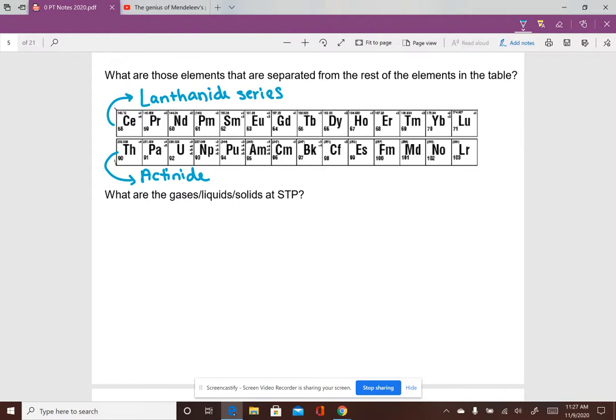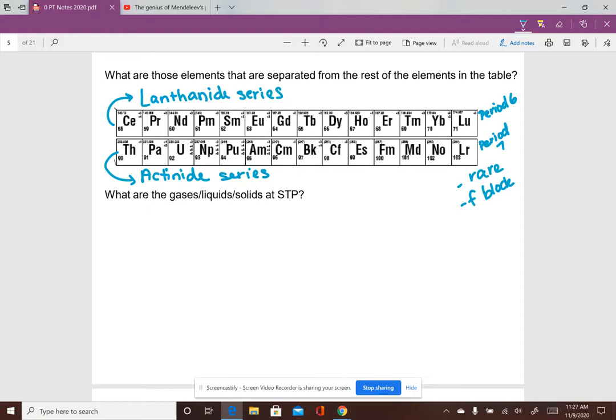So if you look at element number 57 and 89, those are the names of them, and just the elements that come after them. All you really need to know about these elements is that they're very rare, and it's where the F block fills up. This comes from period 6. We just took it out and put it down here, and this comes from period 7. And we took it out and put it down here so that all of the rest of our columns would line up. That's all you have to know about them.